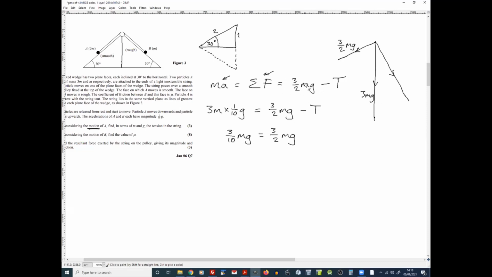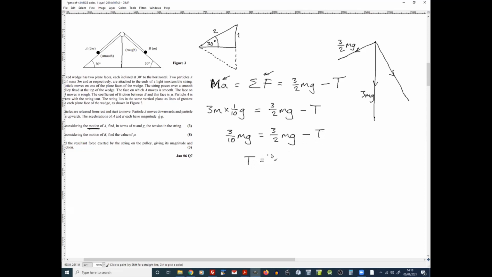For a minute I thought I was using m in the sense of this m here, which we really ought to put capital M so it's not confused. But no, we're okay. This was 3m as opposed to that kind of m. So it's fine, because this literally is 3/2 mg minus T.